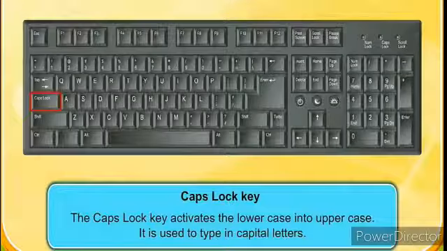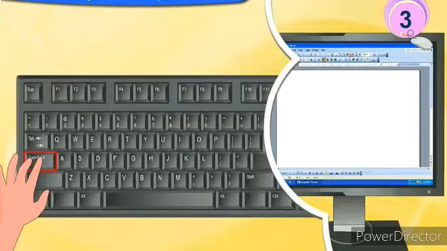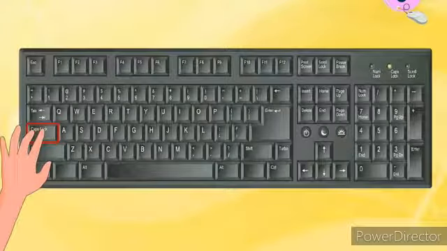Now let us discuss the caps lock key. The caps lock key changes lower case into upper case. It is used to type in capital letters. When caps lock is on, you can see a light on the right-hand side of the keyboard.